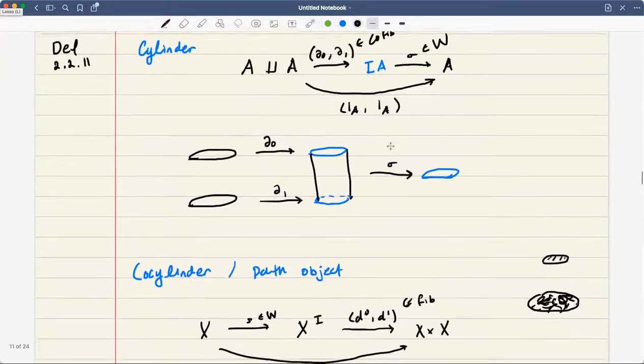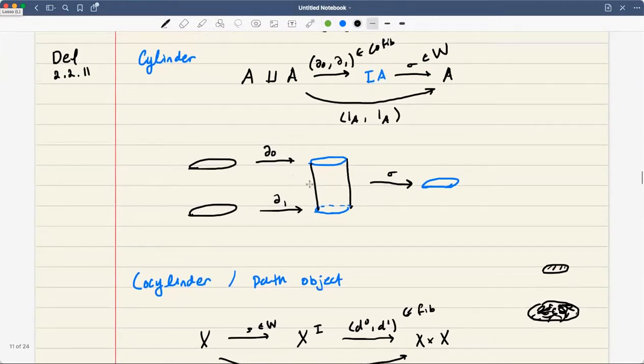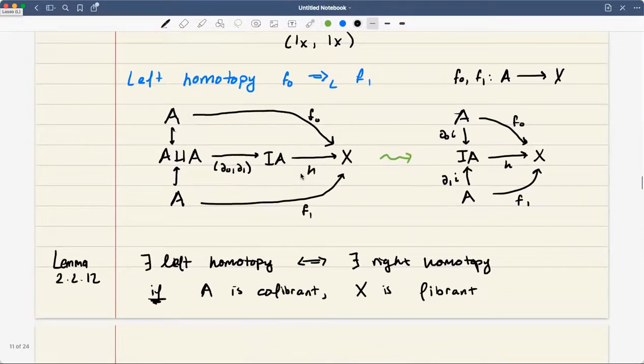But if you look at what a cylinder object is, and these are your two copies of your initial object, then what this is basically saying is that I is representing your continuous deformation. If you're able to put them both into your cylinder object and then continuously deform, of course in the context of topology here, your cylinder into whatever you want, then those two maps are homotopic, is kind of what it means in topology.